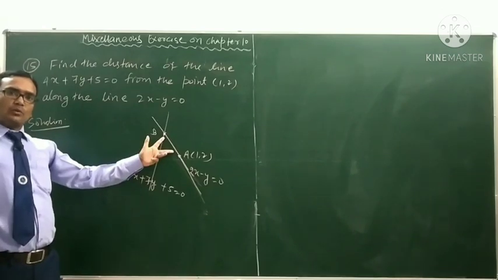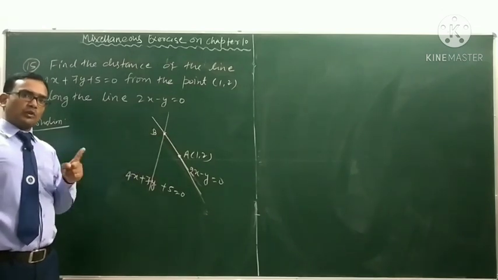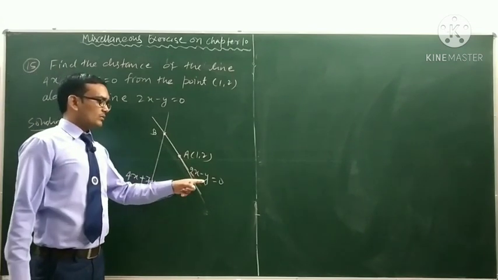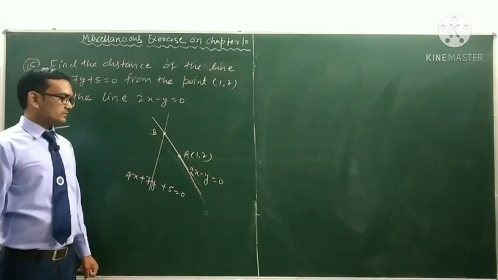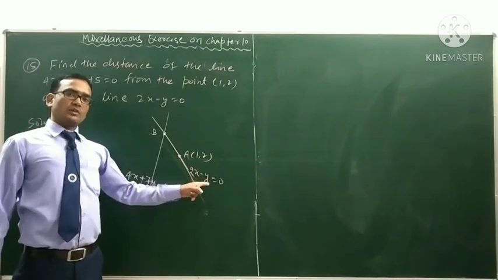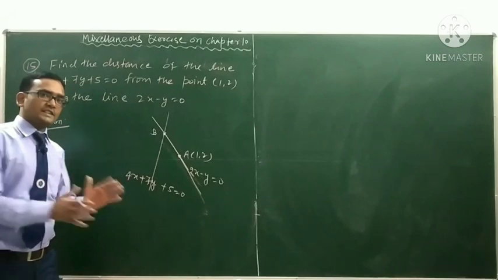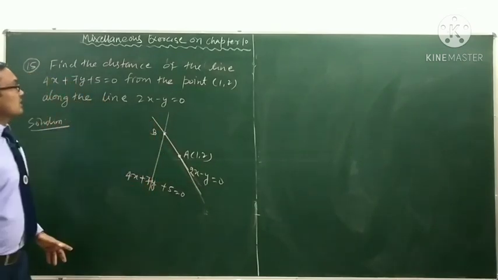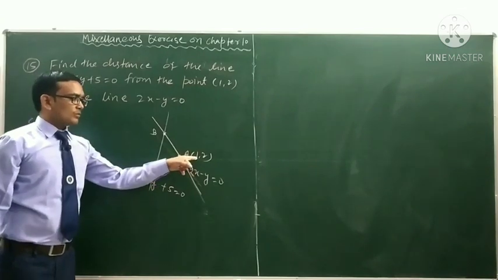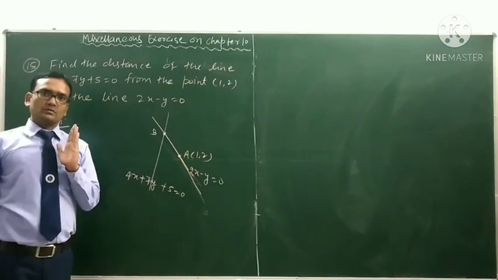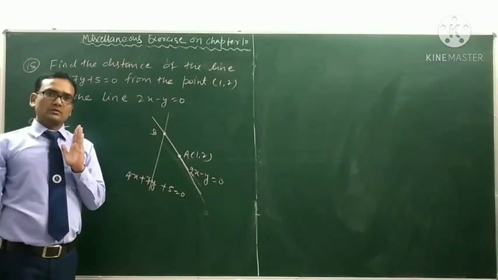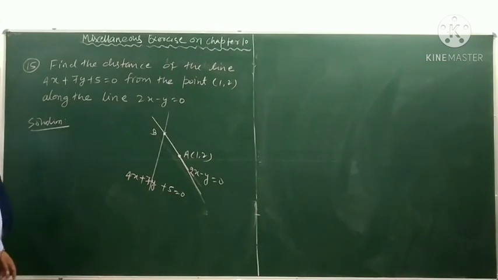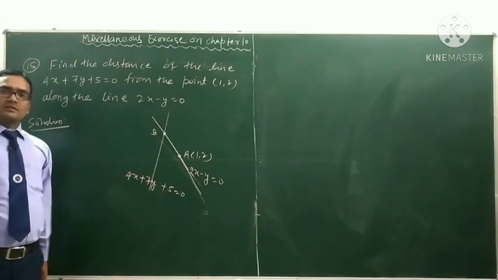Okay students, point (1, 2) lies on the line 2x minus y equal to 0. We find the distance of the line along this line from the point (1, 2).